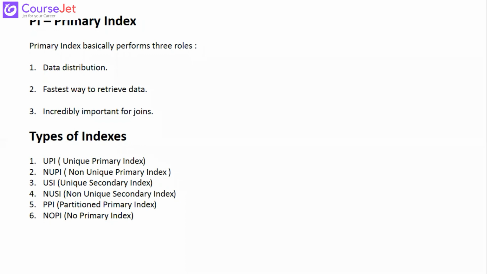So we have actually two types of primary index. First one is unique primary index, second one is non-unique, and we have unique primary index, non-unique primary index, unique secondary index, non-unique secondary index, and we have partitioned primary index, right, where the data is getting partitioned. So we will see that with an example.